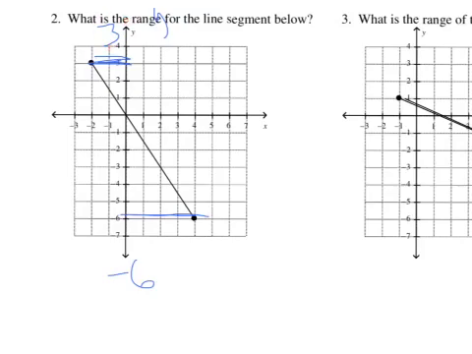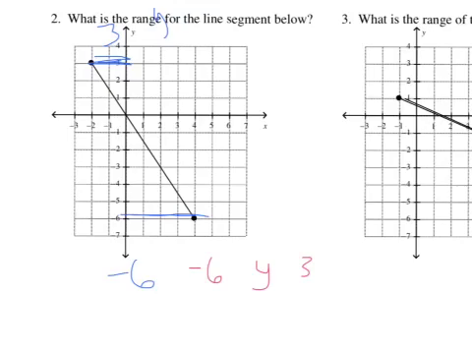If I want to write this down, I'm going to use a compound inequality. I have a starting point and a stopping point, so starting and stopping. So the minimum value was -6, the maximum value was 3. The values of y are going to be any number between -6 and 3.